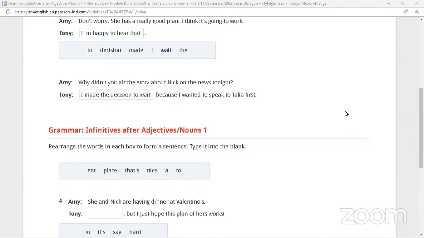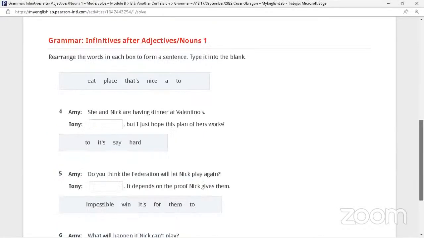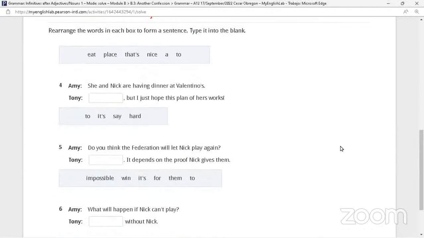Okay. She and Nick are having dinner at Valentina's. But I just hope this plan of hers works. To eat.